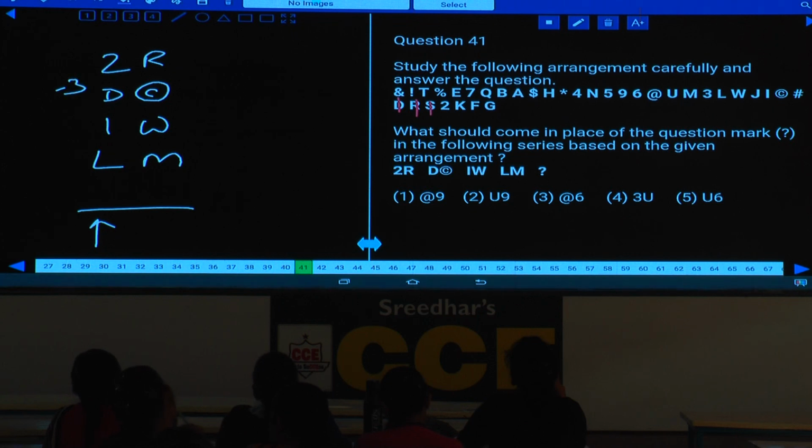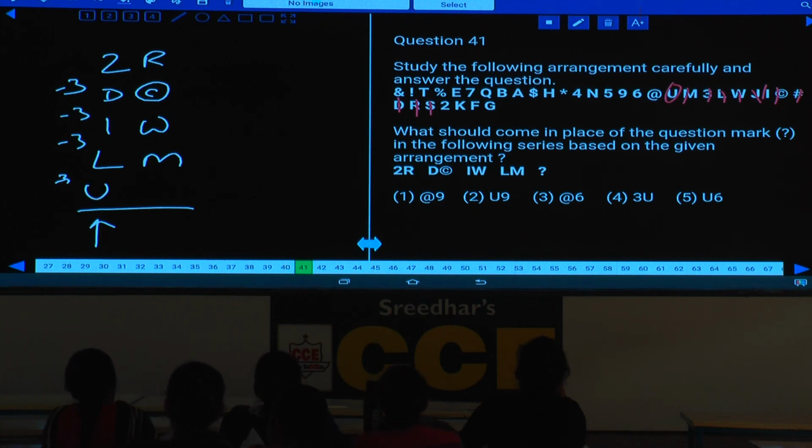D to I, 1, 2, 3, minus 3. I to L, minus 3. Next, L minus 3, 1, 2, 3, the element is U. From the first element, 3 is subtracted, moving from right to left.